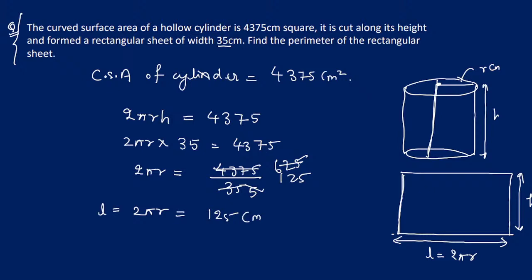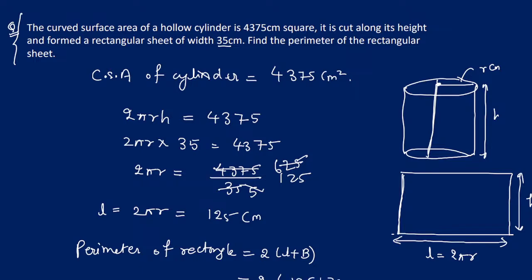The question is asking what is the perimeter of this rectangle. Very good students, you are understanding. I can see your comment that you are saying yes sir, we are able to understand. Good. Then the perimeter of the rectangle equals 2 times length plus breadth.